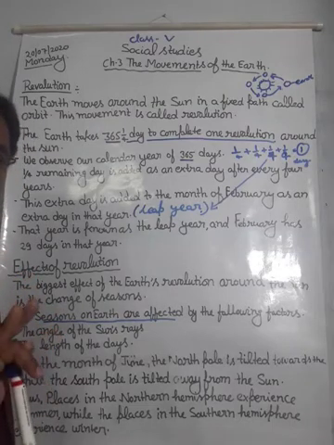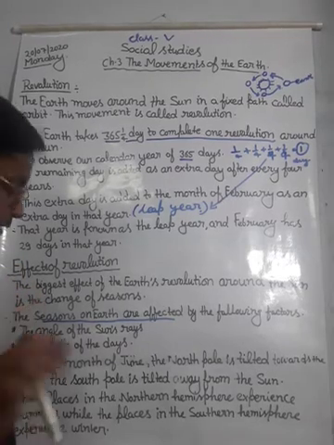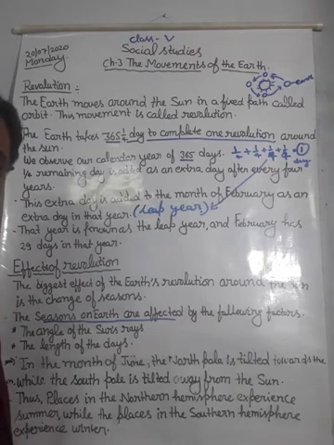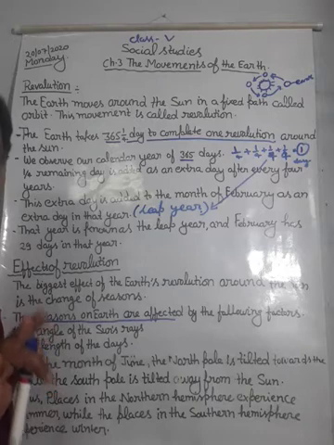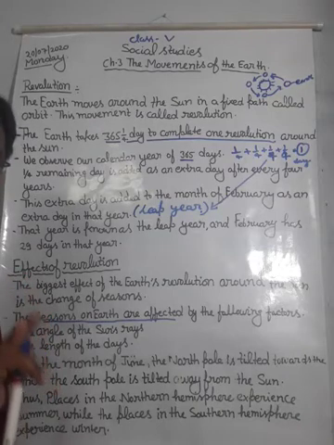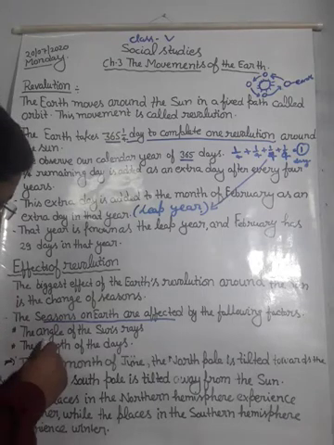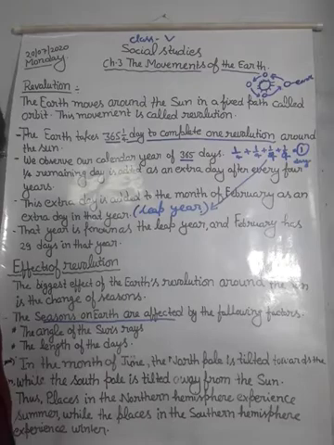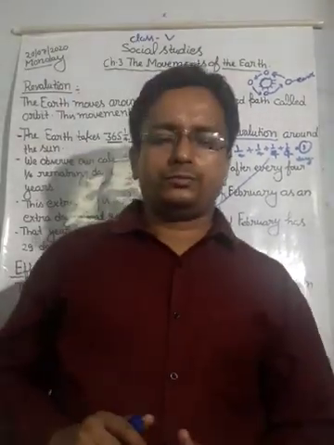And the part of land where days are shorter will get less time of Sun's rays, and because of this there will be winter season. So this is the effect of revolution. Yes students, it is the effect of revolution.